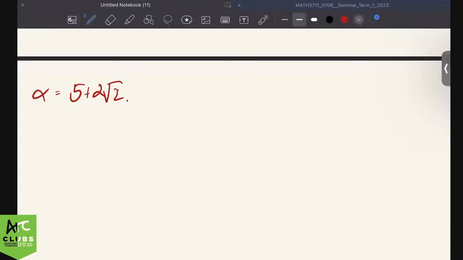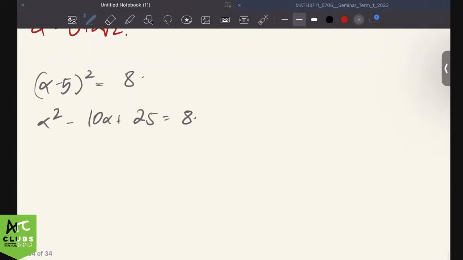A common technique is to do alpha minus 5 all squared equals 8. That means alpha squared minus 10 alpha plus 25 equals 8, which means we've got alpha squared minus 10 alpha plus 17 equals 0.